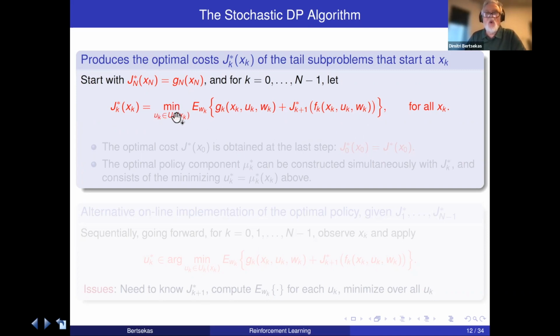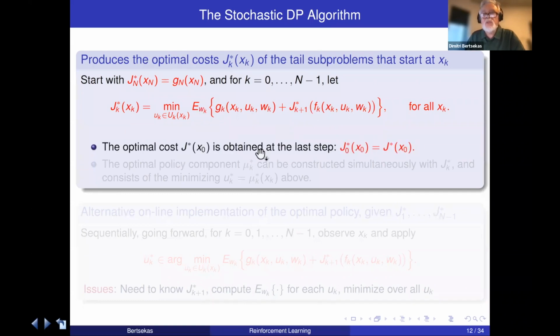We minimize over all U, and that gives us the optimal cost of the tail subproblem of stage K. So it's the same kind of algorithm as before, but it involves these W's and this expectation.